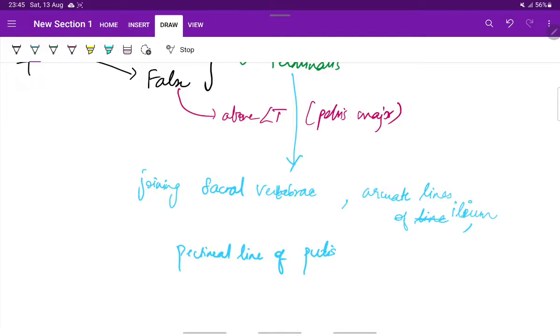So, the linea terminalis is formed by the line joining the upper part of the sacrum, the arcuate line of the ilium, and the pectineal line of the pubis.